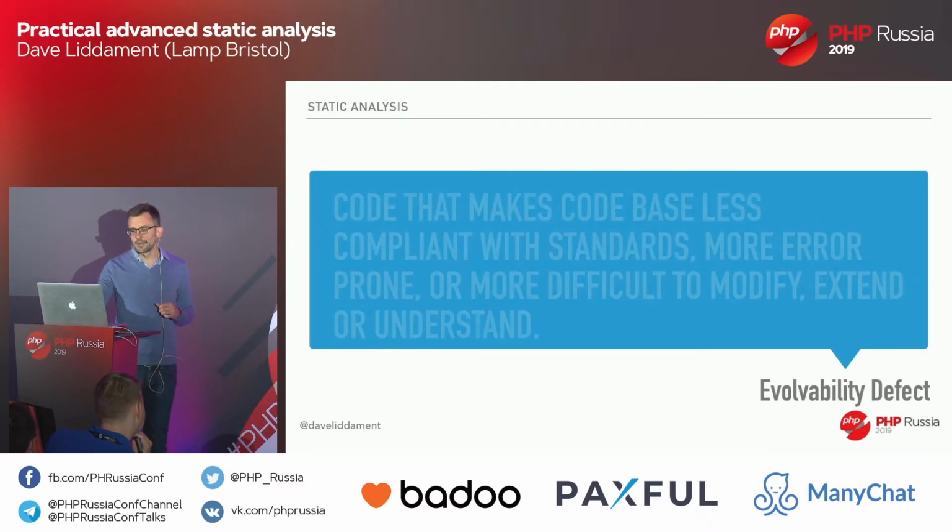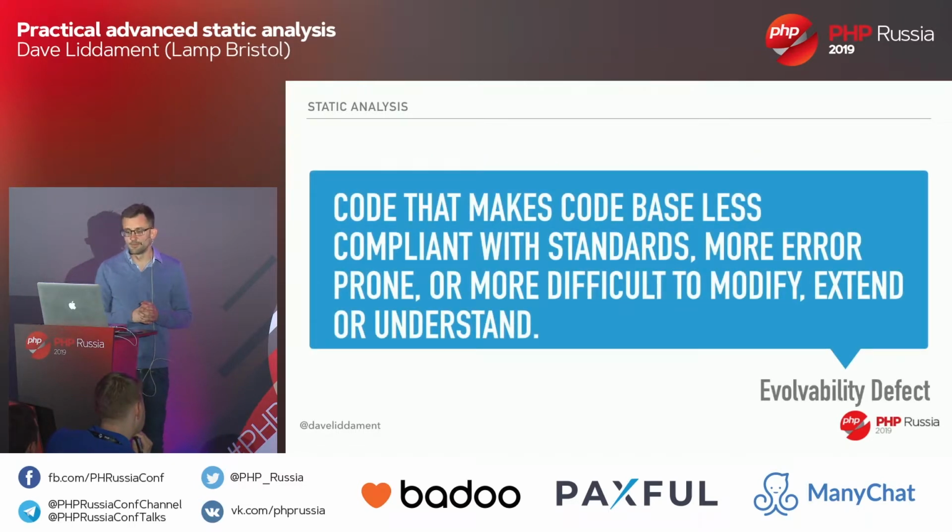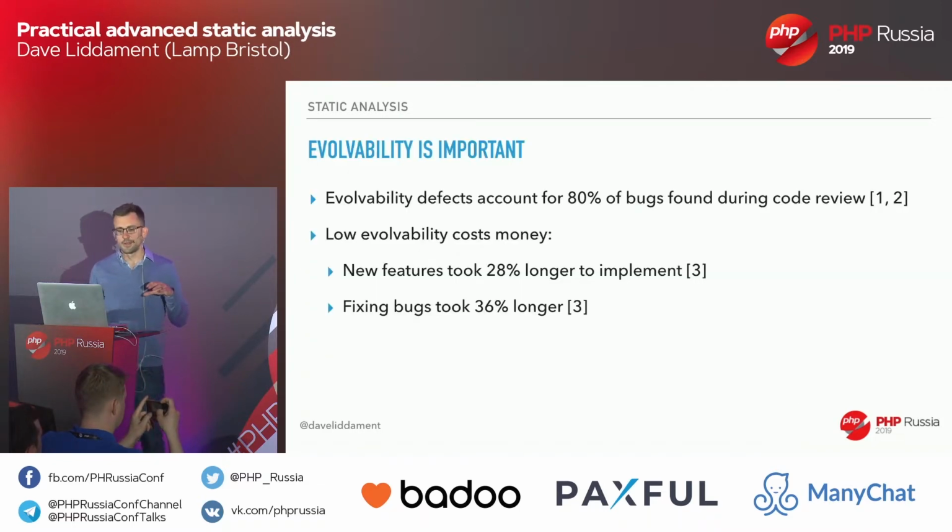So the third type is an evolvability defect. And that is code that makes the code base less compliant with standards, more error-prone, or more difficult to modify, extend, or understand. So it's a posh word for technical debt. And the interesting thing is people have done studies on evolvability, and they've looked at lots of people working on code bases, and they found that low evolvability code actually costs real money.